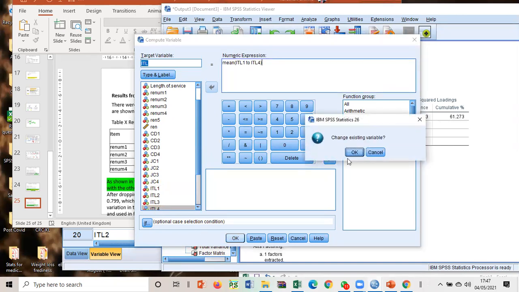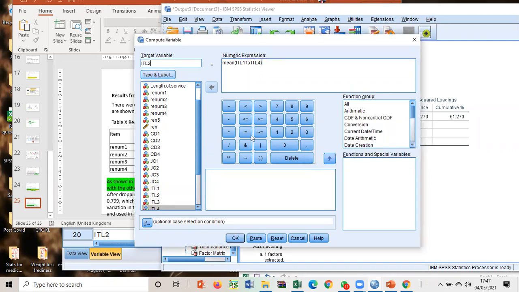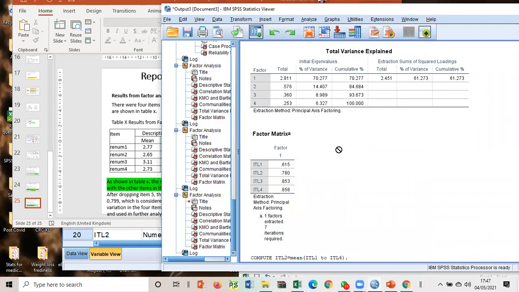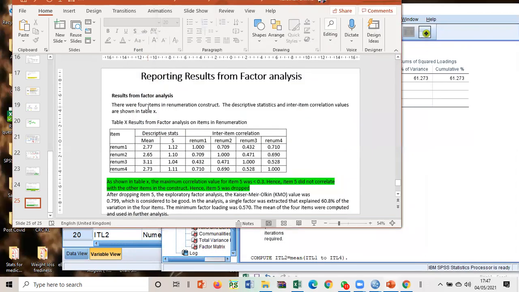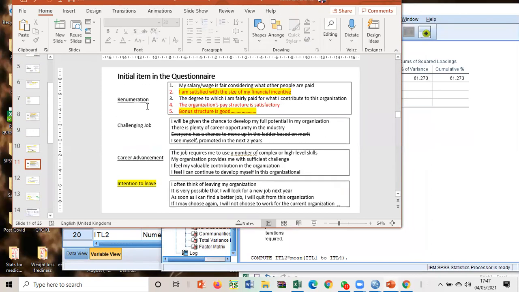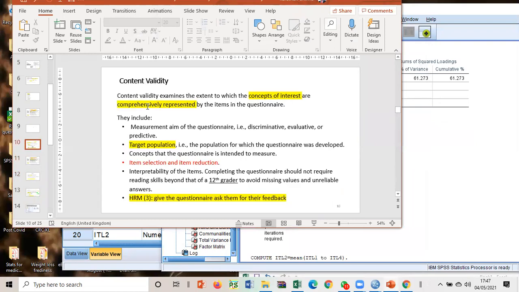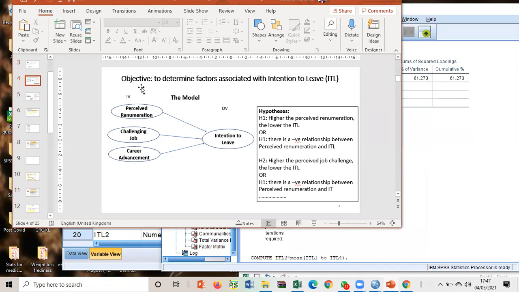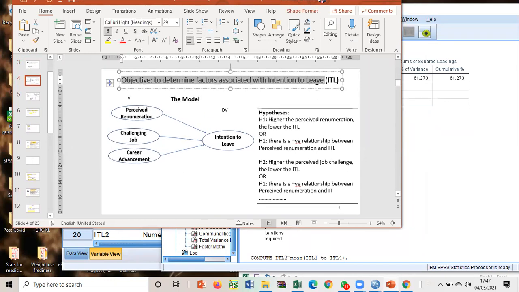So factor analysis is not the end, it's only a means for further analysis. Now, why am I doing all this? What's my ultimate aim? What's my objective? My objective is still the factors associated with intention to leave. That's my objective.